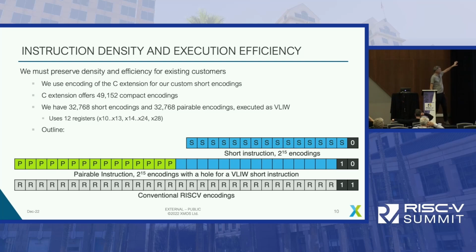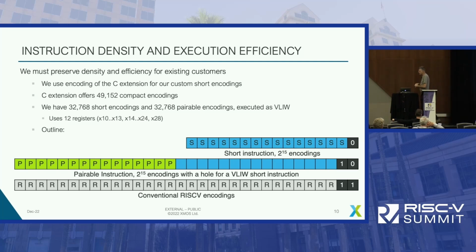We have a different user dead space where we have 32K short encodings, which are the instructions with a 0 at the end. They are the blue encodings. And we have 32K pairable instructions, we call them. And they are encoded in 32 bits, but have a hole of 15 bits, which fits a short instruction.